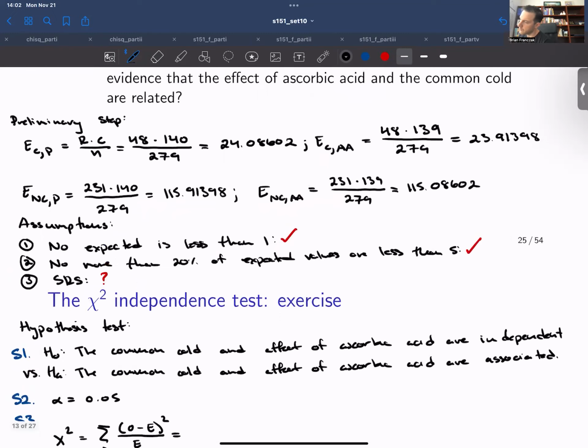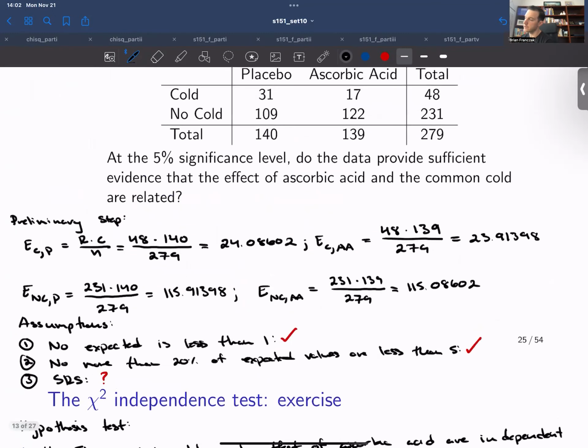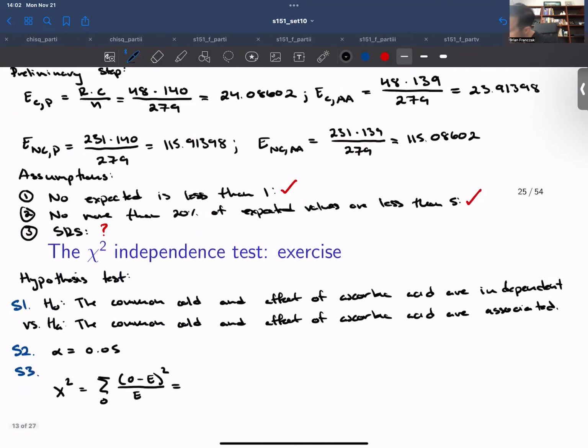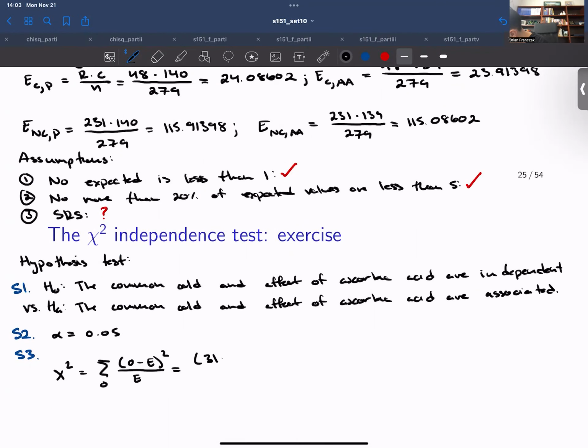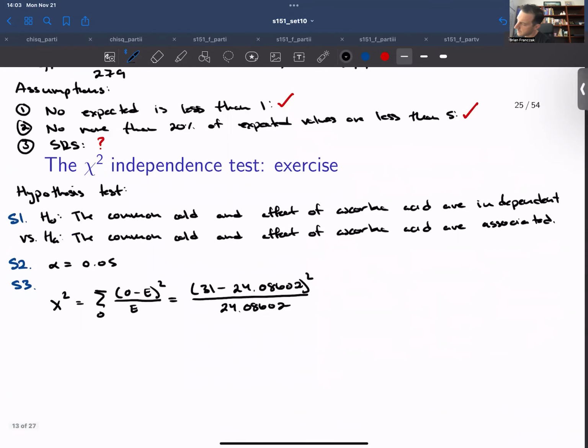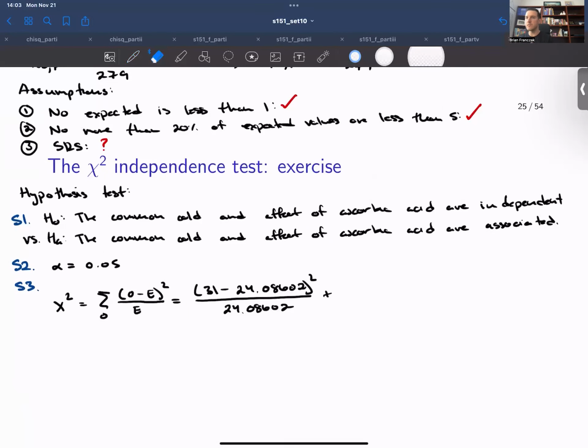Okay, so for example, our first calculation will be 31 minus 24.08602 squared divided by 24.08602. Okay, and then we're going to take our second expected value. It doesn't matter what order you do them in as long as you do all the pairs correctly.